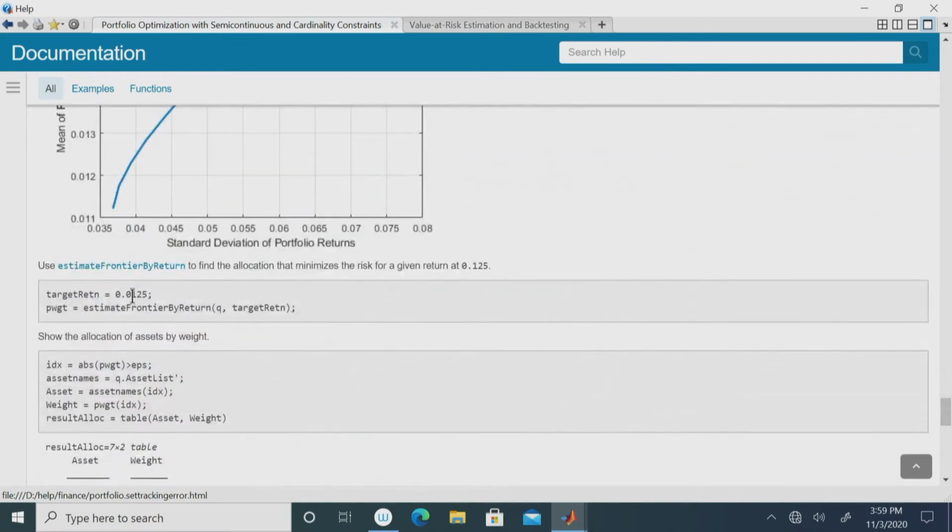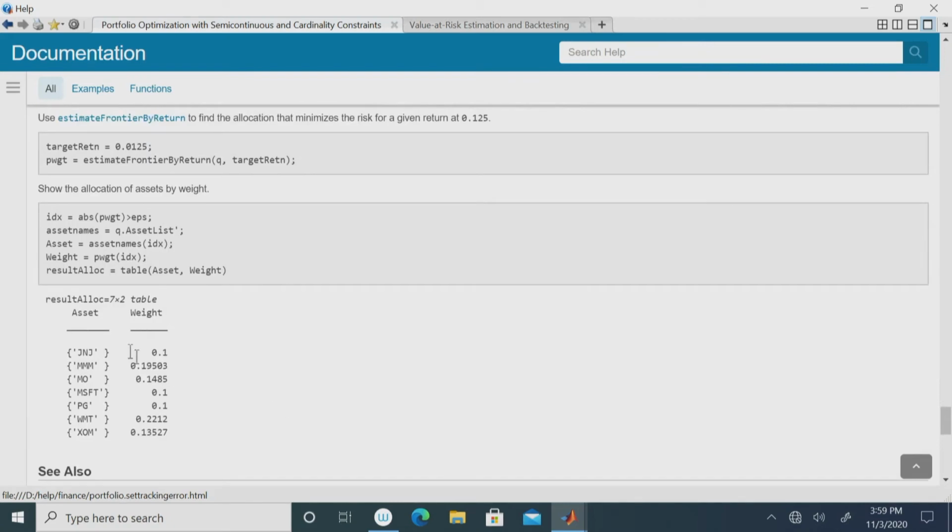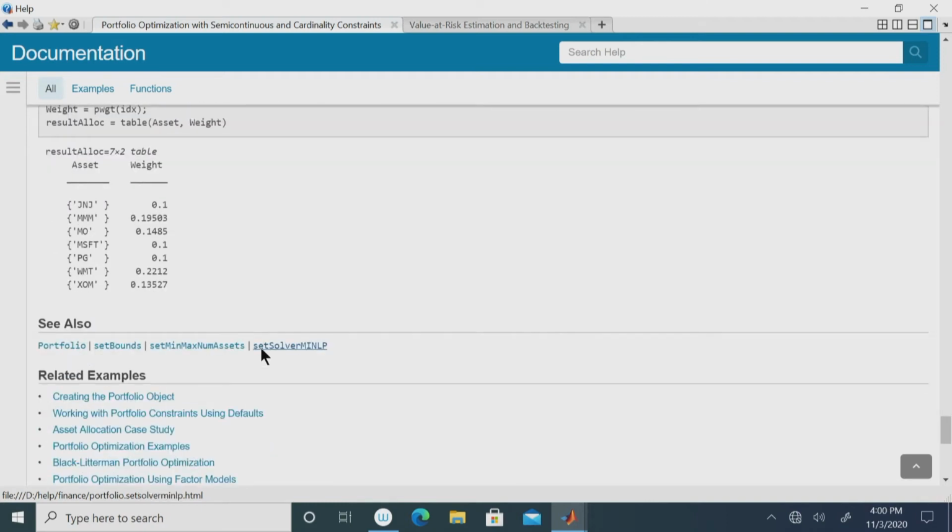So, you set the target return of 12.5% for the tracking portfolio, and once you have included that particular condition, you can again do the allocation, and it turns out that these are the weights that are going to give you the optimal allocation in case of this target return being imposed on the problem of a tracking portfolio that is used for tracking error purposes.